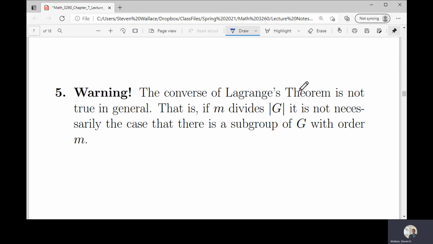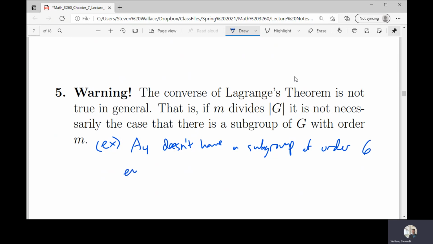But in general, this is not true. We will see later the alternating group on 4 letters, A4, does not have a subgroup of order 6, even though the order of A4 is 4 factorial divided by 2, which is 12.